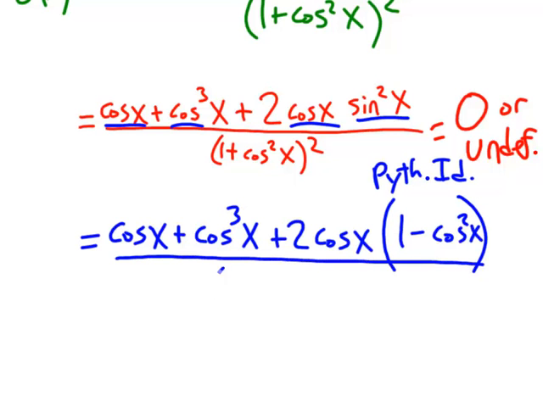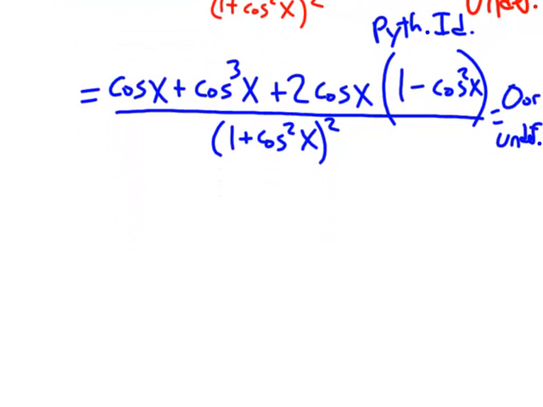Again, the bottom is still just coming along for the ride, waiting for us to acknowledge it and do something with it. 0 or undefined. All right, let's distribute out that top and cross our fingers and hope that there are some like terms that we can combine. So we'll get cosine x plus cosine cubed x.